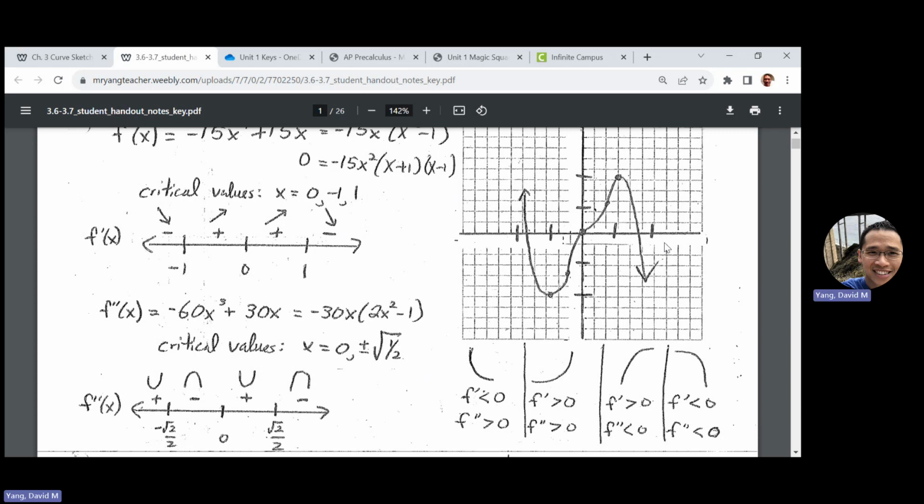If I factor out a -30x, that means I'm dividing everything by -30x. So that leaves me with 2x², and then this is still a -1. And then from here, I'm just setting this equal to 0 and finding my critical points.